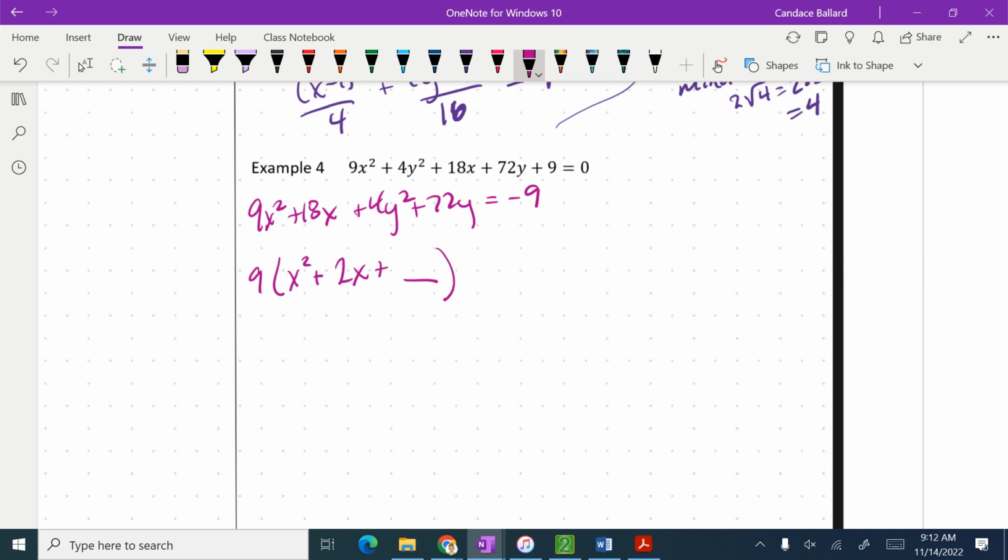Okay. All right, what is my leading coefficient for my y's? 4. Good. So 4 y squared plus, how many times did 4 go into 72? 18 y plus blank equals -9 plus blank plus blank.